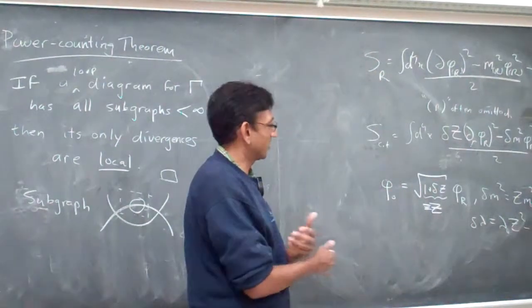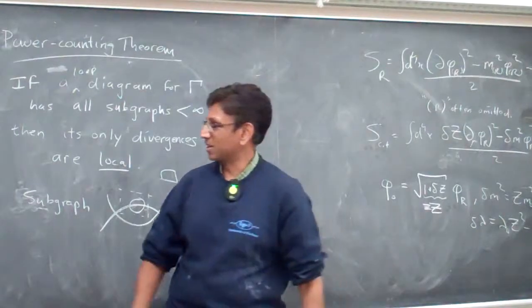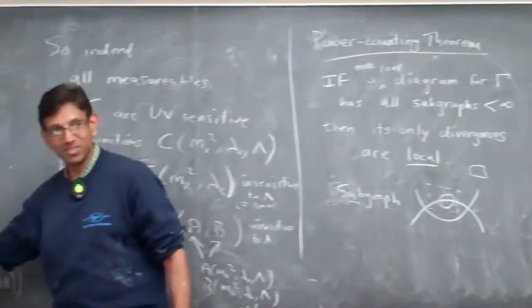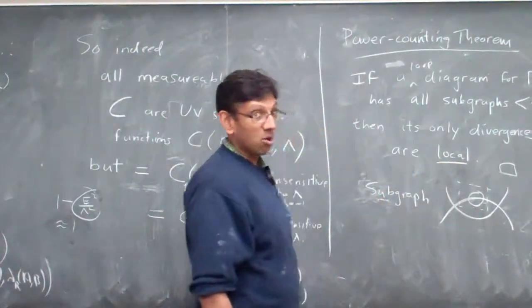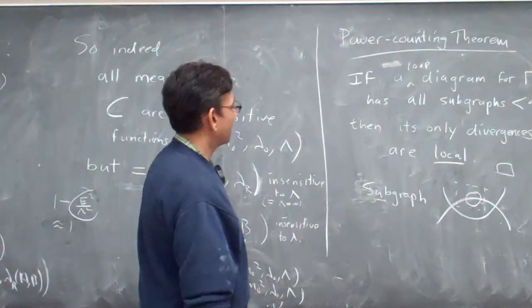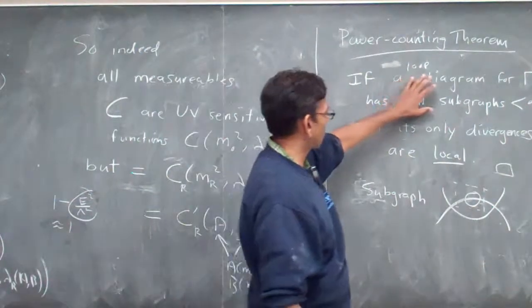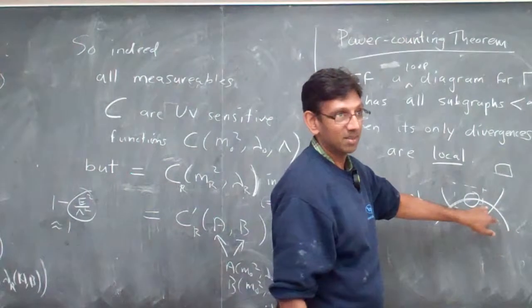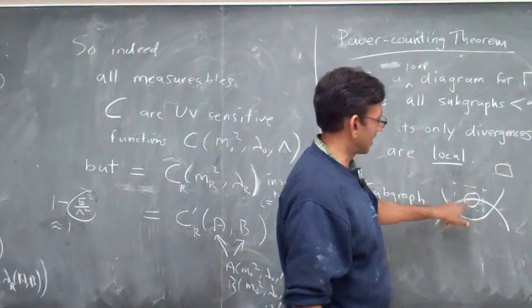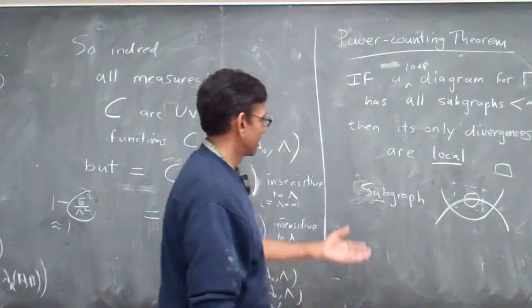It is artificial, and all we're doing is passively observing the moral of this story here. So we want this locality, but it's not always true. I need that all subgraphs are finite before I can say that the whole thing has this local form.